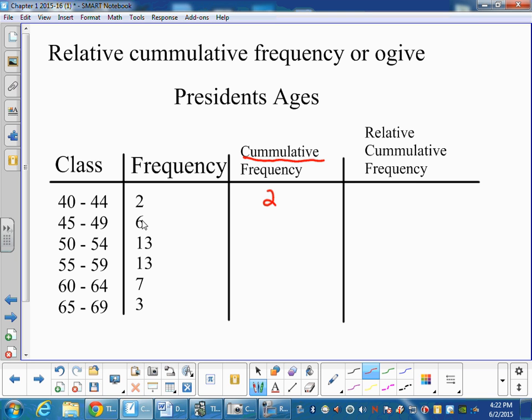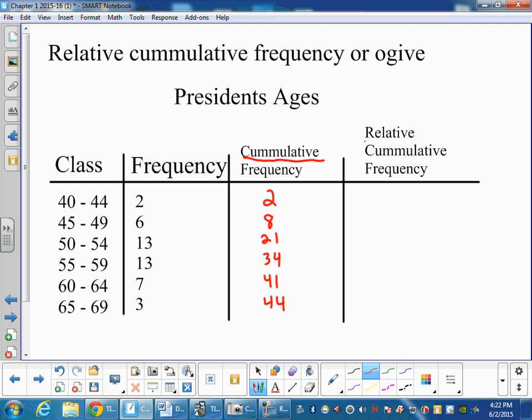But now if I add it to the next one, I get up to 8. 13 plus 8, I get up to 21. Add another 13 and I get up to 34. Add another, I get to 41. And finally, I arrive at 44, which was our n value, the number of data pieces.